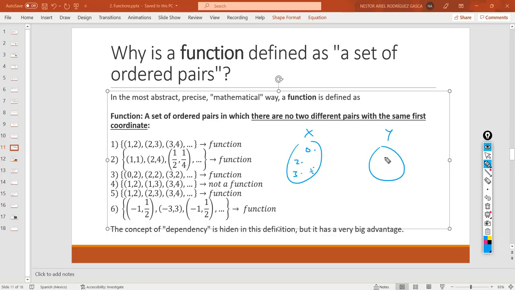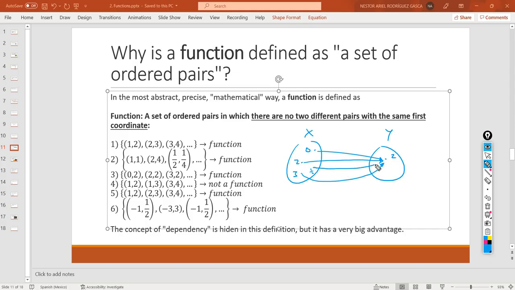All of these are being mapped into just one output, which is the number 2. 0 goes into 2, 2 maps into 2. Pay attention to the words I'm saying. 0 goes into 2. That's why you can say that 2 is mapped into 2. 3 is transformed into 2.